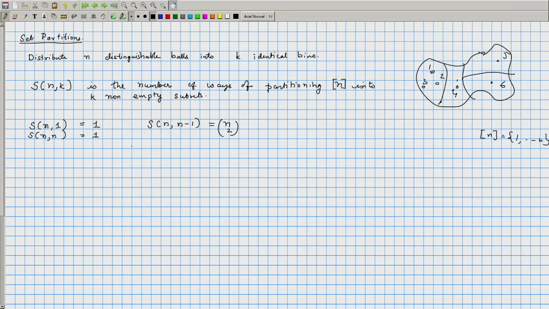Whereas, if you look at S(n,2), this is going to be something different. It is the total number of ways of splitting n objects into two parts. You can think of one part as a subset, and the other as its complement. So, there are 2 raised to n ways of choosing a subset, but the subset had to be non-empty.